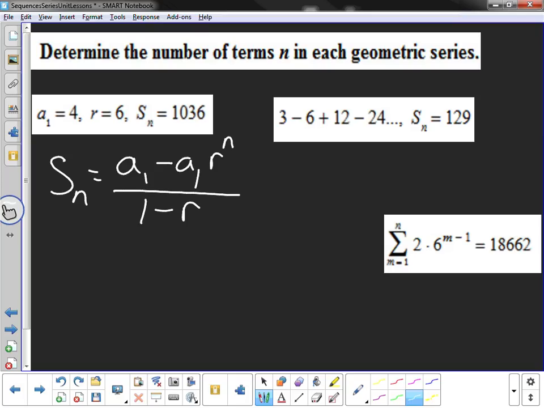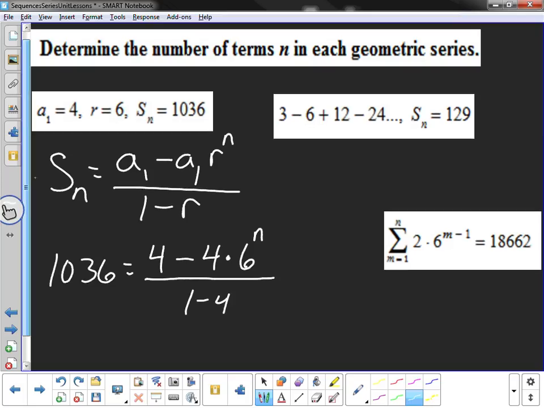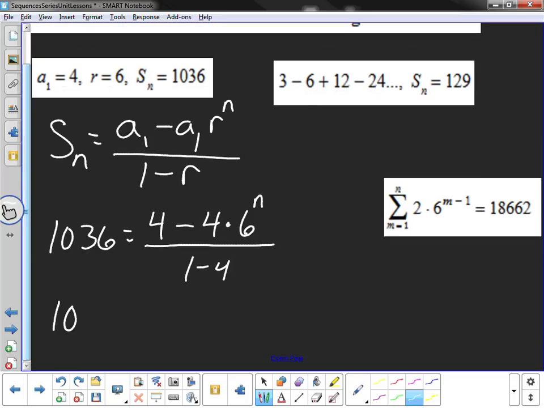My sum is 1,036. My first term is 4, so 4 minus 4 times 6 to some power over 1 minus 6. So now if I work through this, I get 1,036 equals 4 minus 4 times 6 to the nth power over a negative 5.